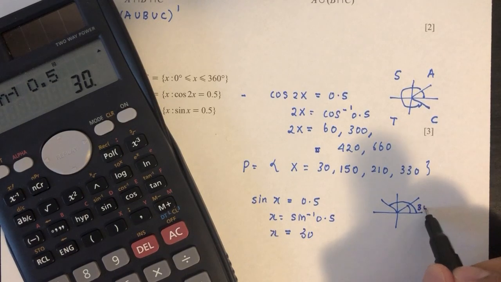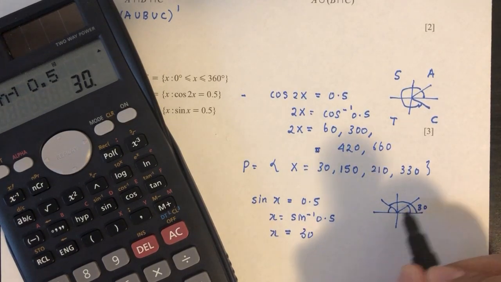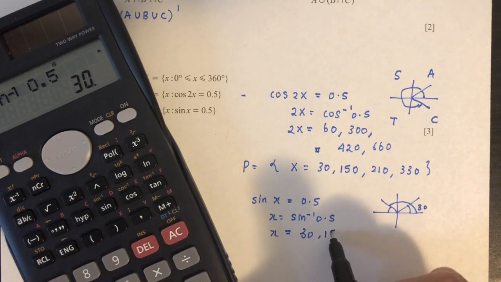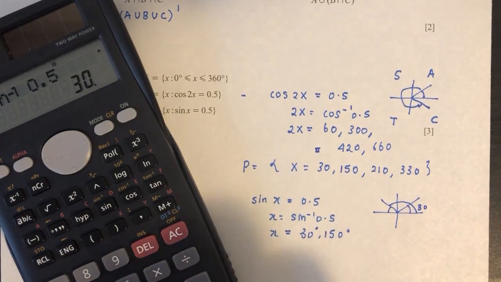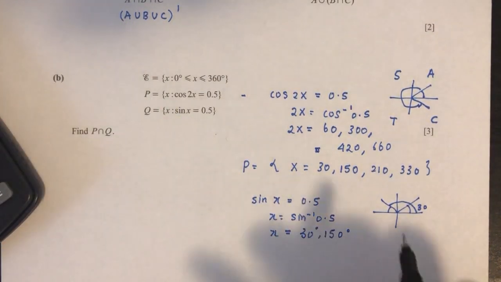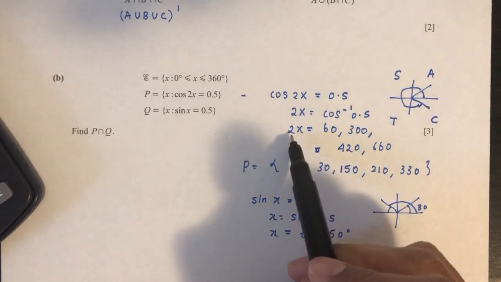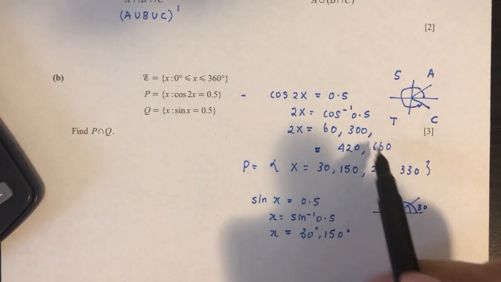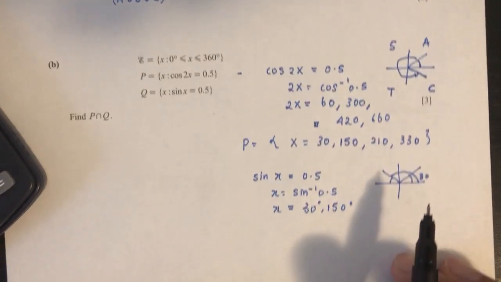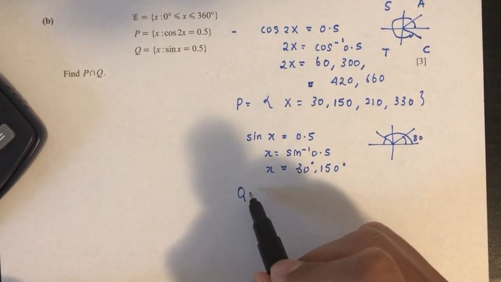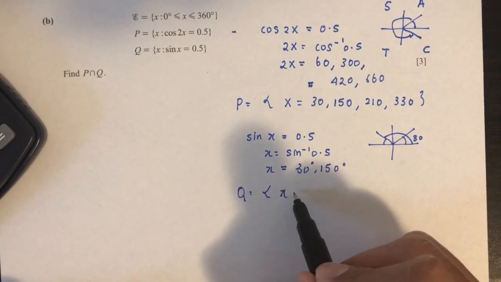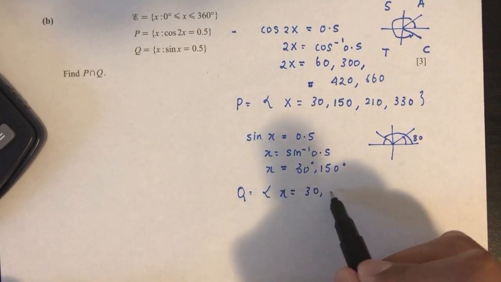So this is 30 here, and this one will be 150. Here we don't need to add 360 because it is only x. For P it was 2x, so we needed to add 360 to find the other values. So this is the set of Q, which is x equal to 30 and 150.